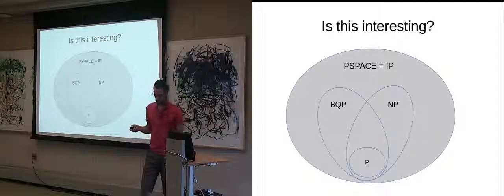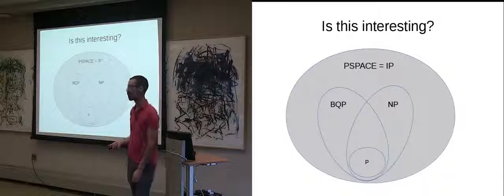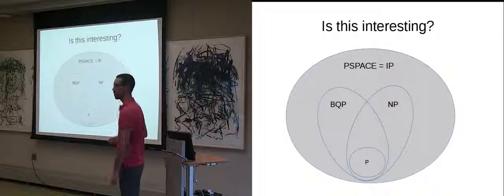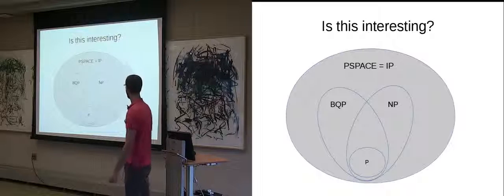Okay, so there's a bunch of complexity theory that you might have to think about to decide, is this actually an interesting question? So here's the standard Venn diagram for how these different complexity classes sit together. We have P, which is the things that we believe could be solved on a classical computer, kind of normal. We have BQP.